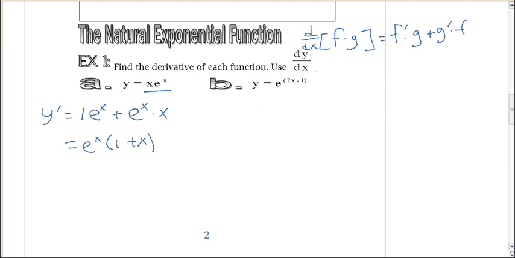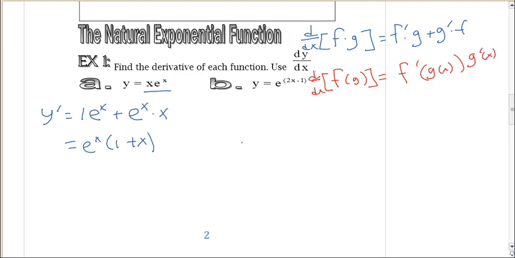Okay, let me grab a different color here, Mr. Red. Just looking at this, you have e to the 2x minus 1 power. We're going to need to use a little bit of chain rule. Remember what the chain rule said: if you have a function within a function and you take the derivative, you basically take the derivative of the whole thing times the derivative of the inside.